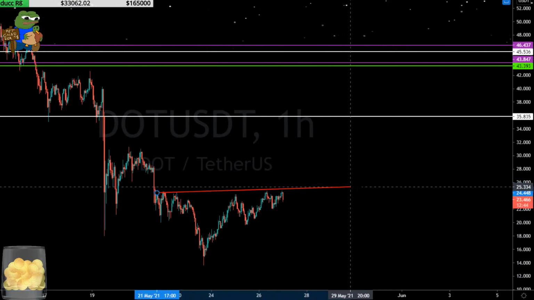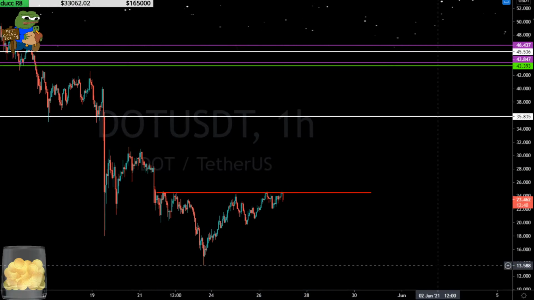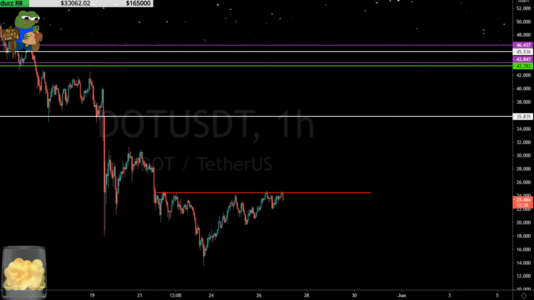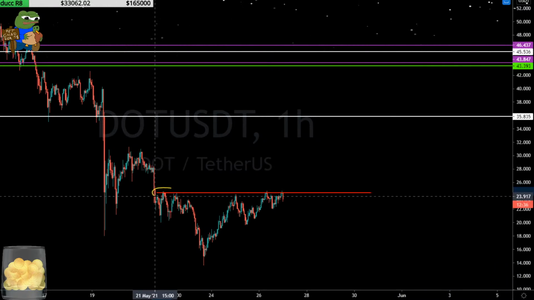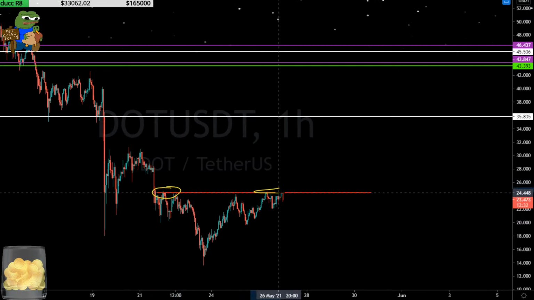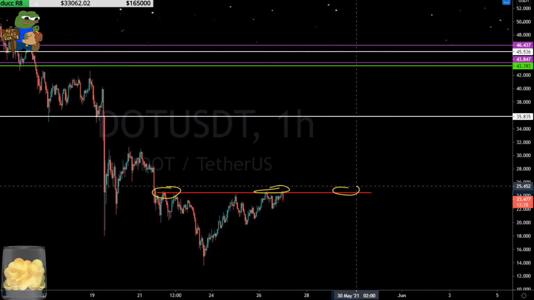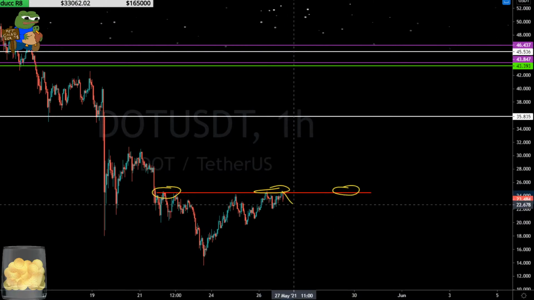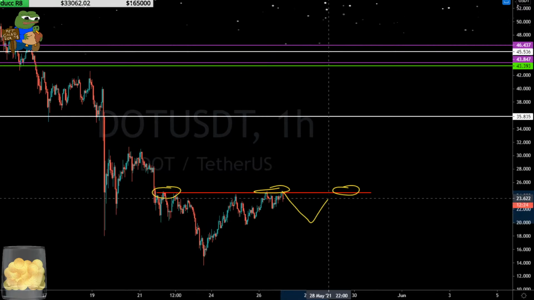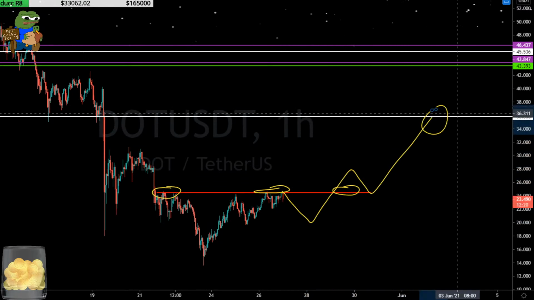Okay, so you have this really clear overhead resistance, where you have this initial touch point 1. You could say this is touch point number 2, and maybe we have to wait for touch point number 3 by selling off one more time, and then when we get up here we get it.